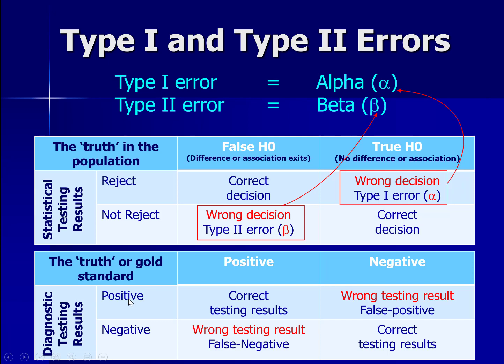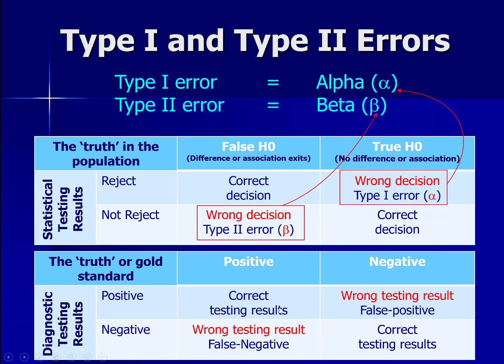If the truth or the gold standard is, for example, the pathological findings, say positive or negative, while the test result is just smelling, for example, and say positive or negative.